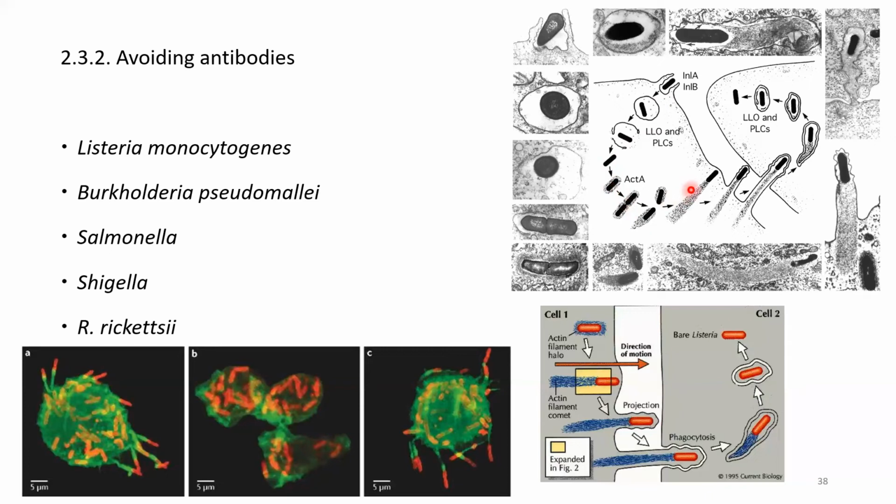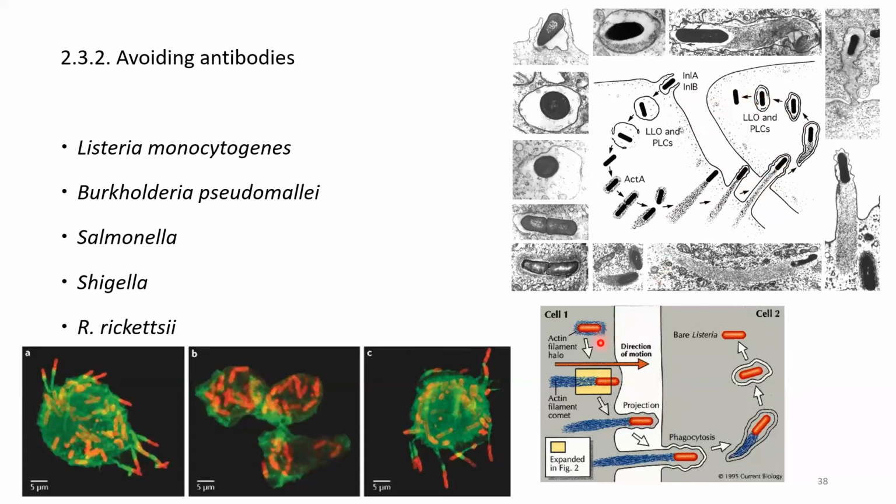They produce proteins to regulate our actin filament to push them like a shuttle. So they manipulate the actin filament and protrude into the next cell without being exposed to the extracellular space and stay in the next cell.